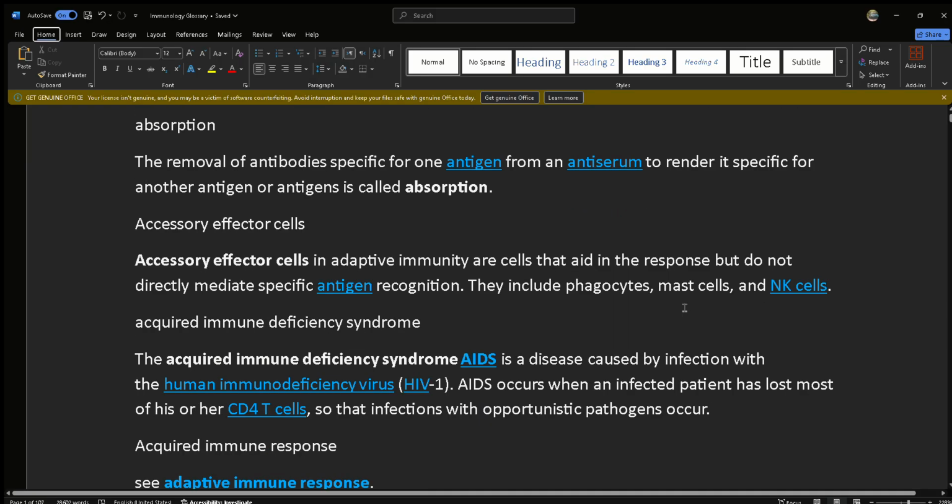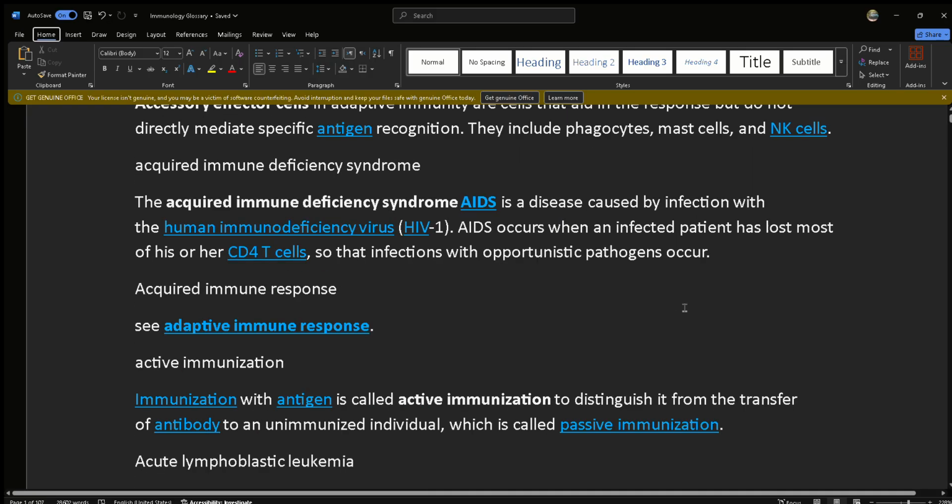Then the next term is acquired immunodeficiency syndrome, AIDS.